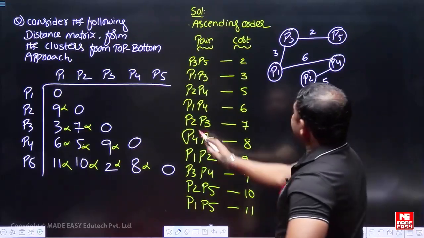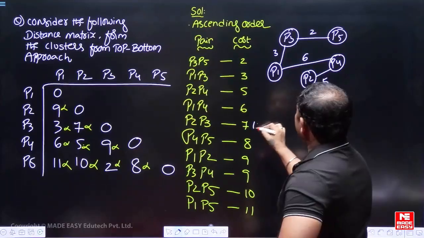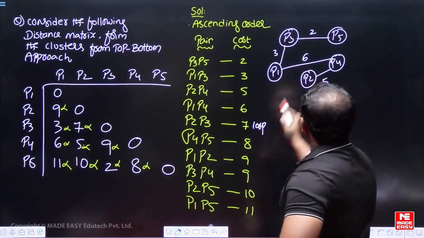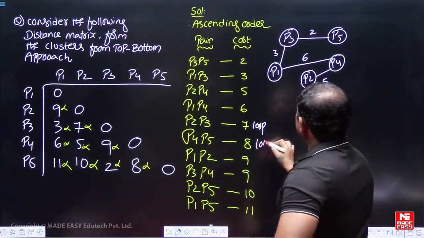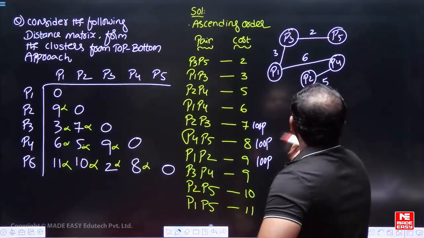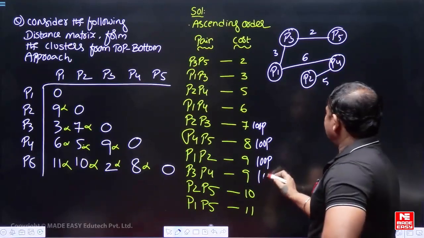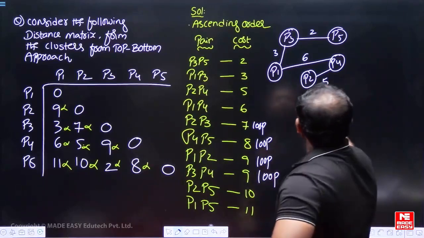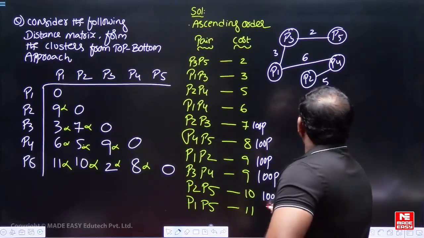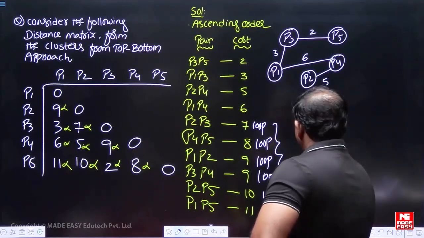Then P2, P3 forms a loop. Then P4, P5 loop, and P1, P2 loop, P3, P4 loop, P2, P5 loop, and so on. This is also P1, P5 loop form. Okay, possibility of loops.